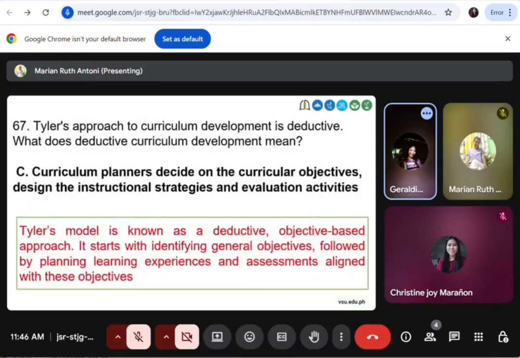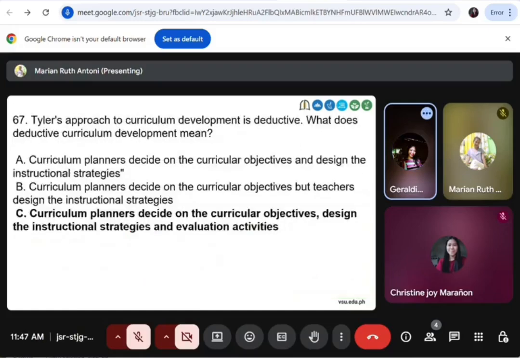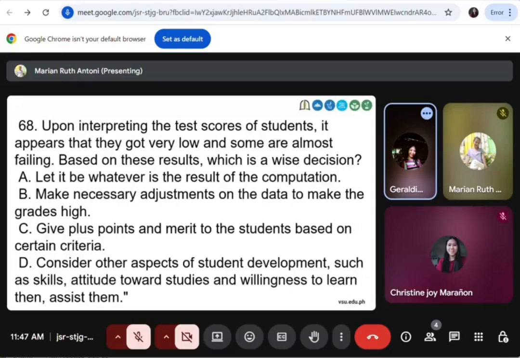Next. Number 68. Upon entering the test scores of students, it appears that they got very low and some are almost failing. Based on these results, which is the wise decision? A. Let it be whatever is the result of the computation.